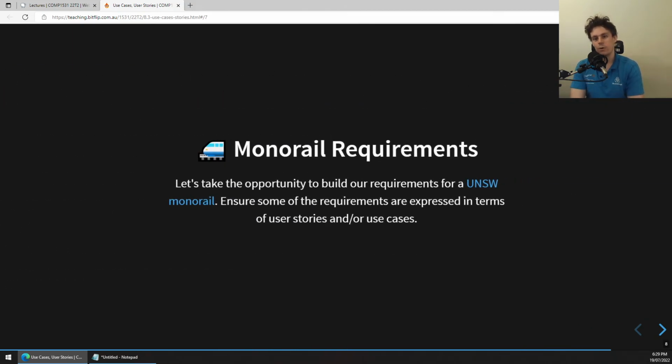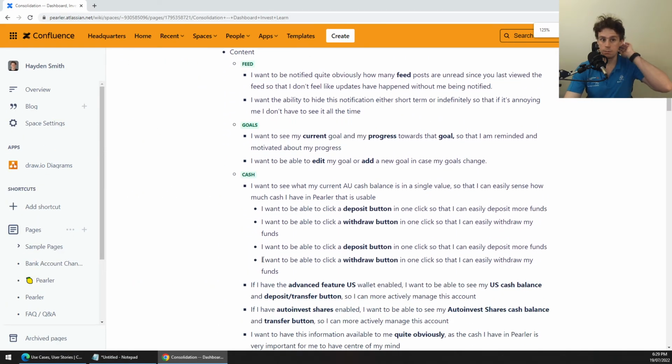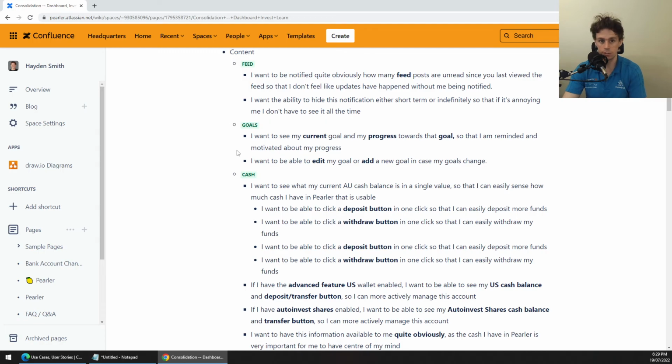We talked about the monorail yesterday and building out requirements for that, so we won't really need to worry about that. But what I will just very quickly throw back to is that yesterday I showed you a little piece of work that I was doing at my job, where I showed you some requirements. If you have a look here, you can see that whilst these don't follow some strict user story structure, they do follow a vague user story structure where you're essentially saying, this is the goal, I want to achieve this goal, and this is the reason why I want to achieve that goal.